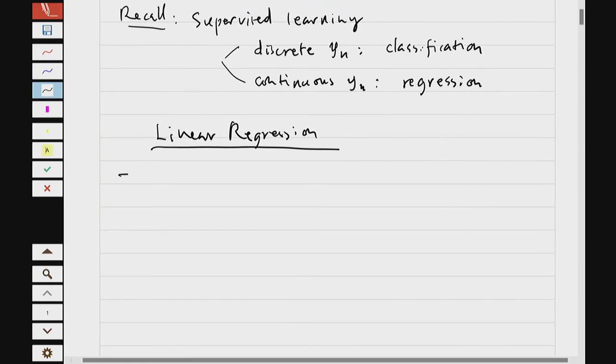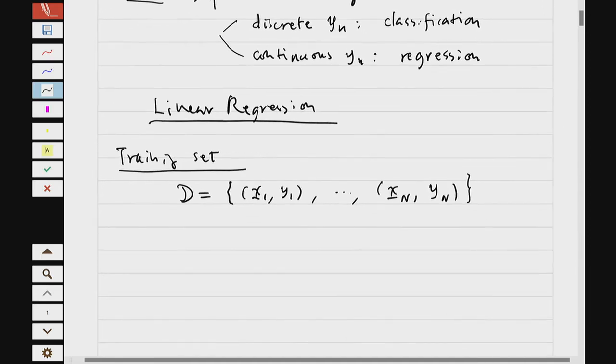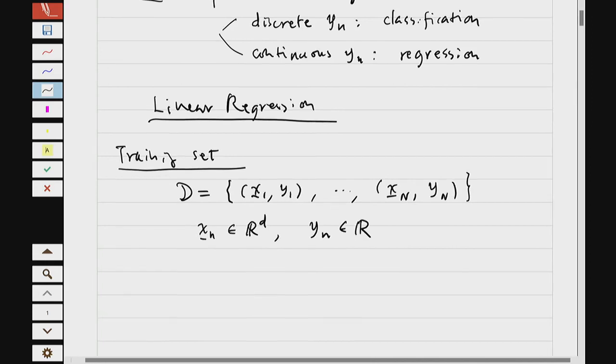Of course, we have the training data set, D. Just as before, we have these data points, except that in these data points, the y_n is continuous instead of discrete. x_n is a vector in d-dimensional space. y_n is just a real number.